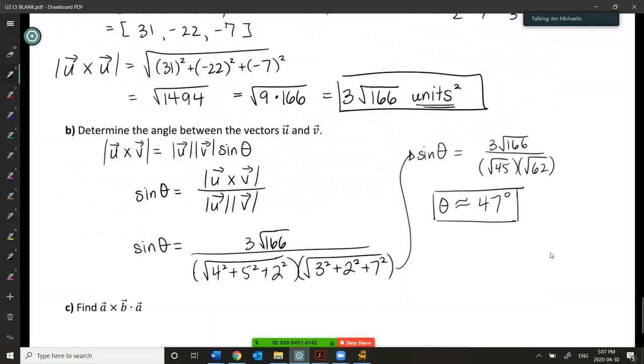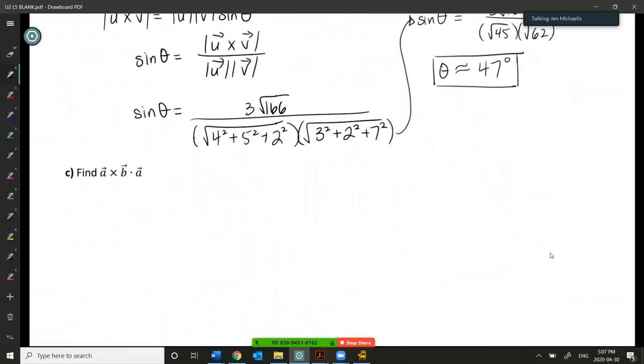Okay, and just as a final example here, I want to find, I wrote A cross B dot A. Let's just say u cross v dot u. So I haven't written any brackets around these, and that's because I can only cross a vector with a vector, and I can only dot a vector with another vector.